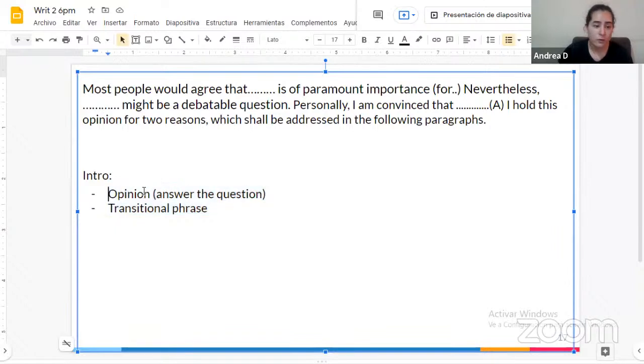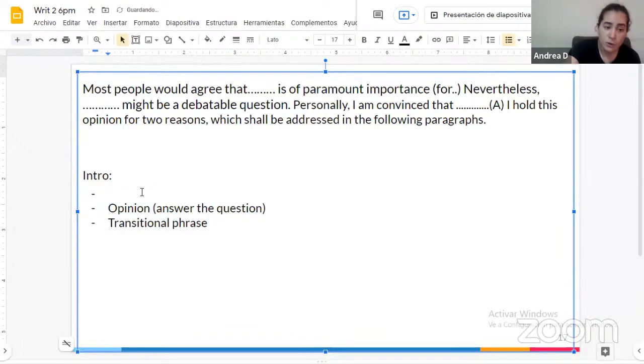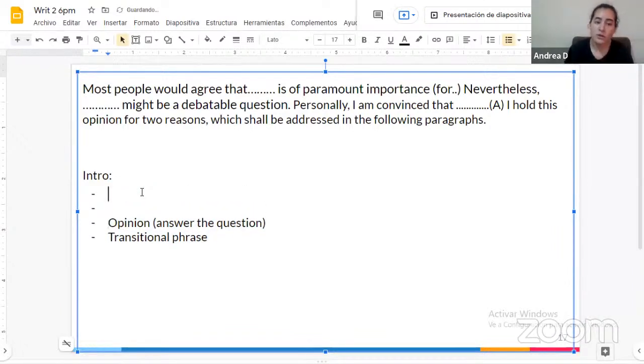Now, if you want to go farther than that, if you usually have more time, then you can also add 2 more sentences before. In the first one, you can give a little bit of context to talk about the topic in general. And in the second sentence, you can paraphrase the question.